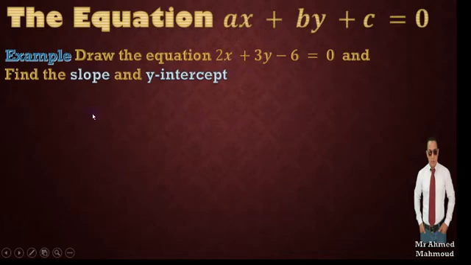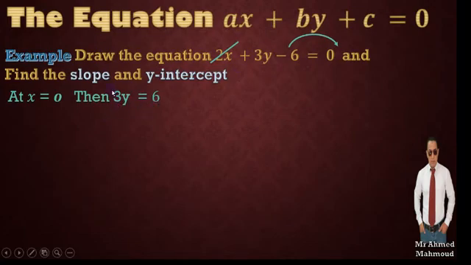Number one, by putting x equals 0. Why do I put x equals 0? To cancel x. So I will find the value of y like this. At x equals 0, I cancel x, then the equation will be 3y minus 6 equals 0. So I will send minus 6 to the other side to be positive 6, 3y equals 6.